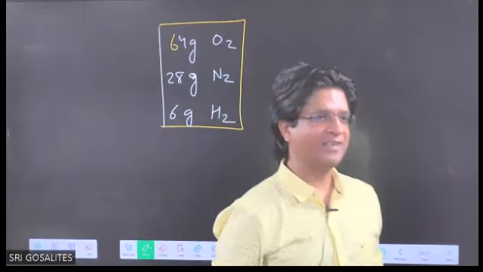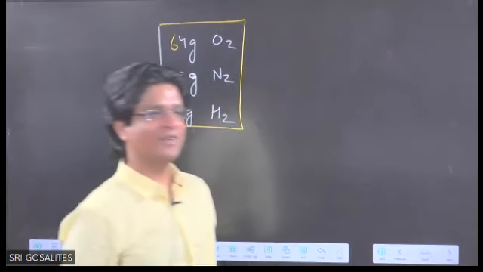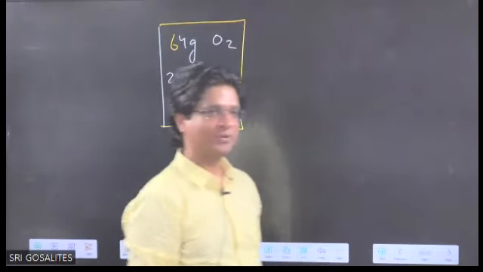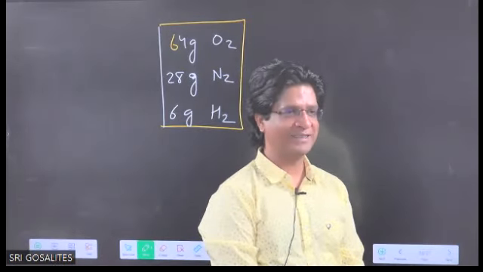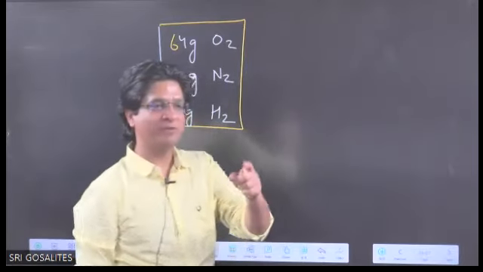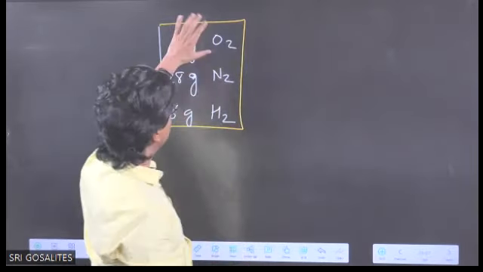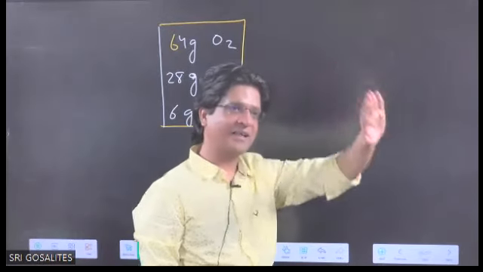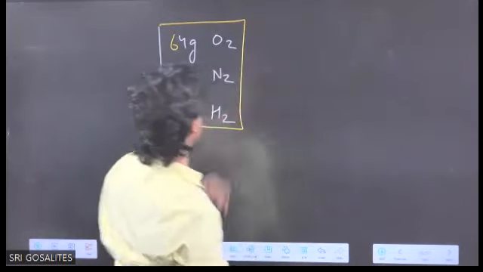Which gas is having maximum number of molecules or maximum moles? Some of you gave me the wrong answer as O2 that day. Is it clear now? It is basically H2.